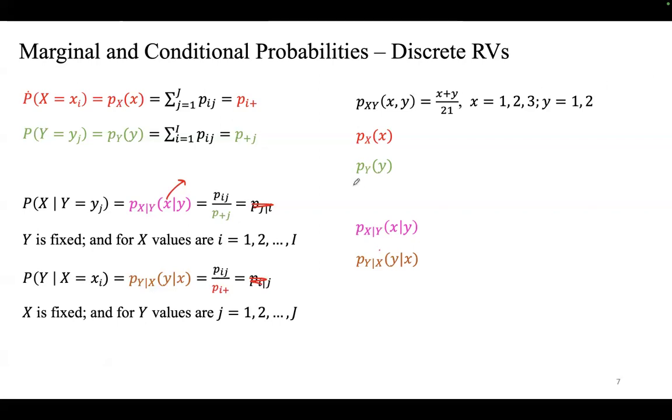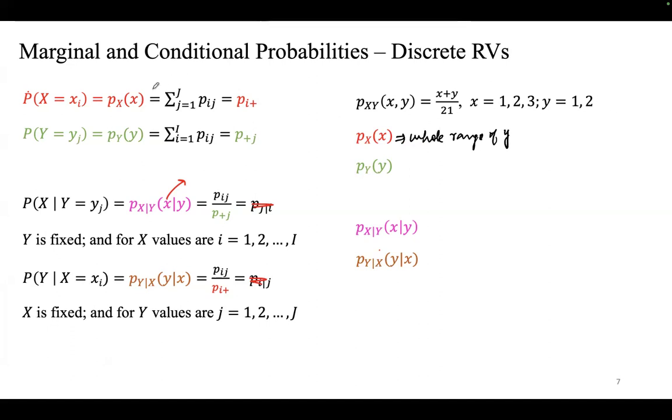So first of all, what does the first expression ask? It's asking you what is the marginal probability of x. That means we are not interested in any particular values of y. We'll take the whole range of y, which is 1 and 2.